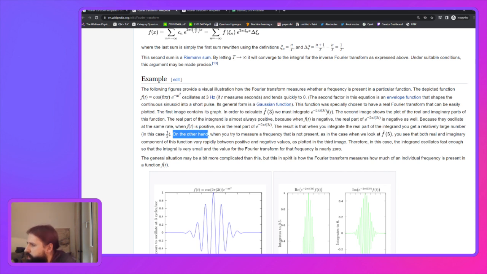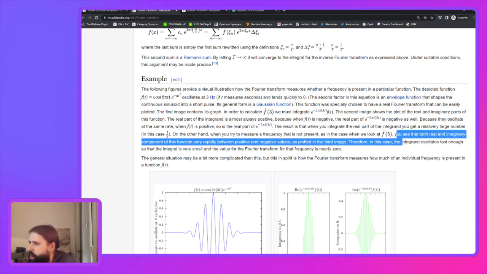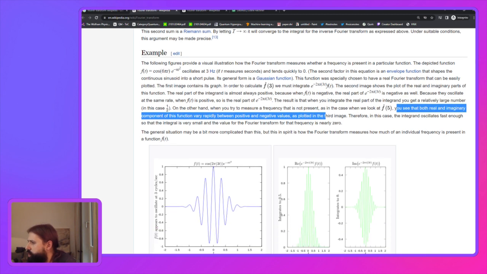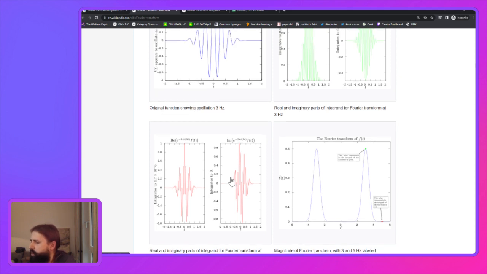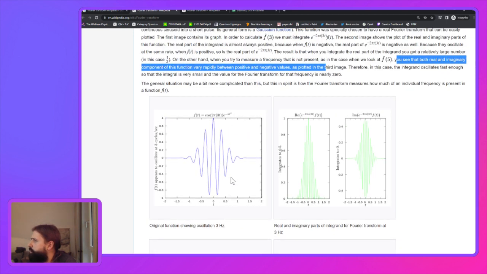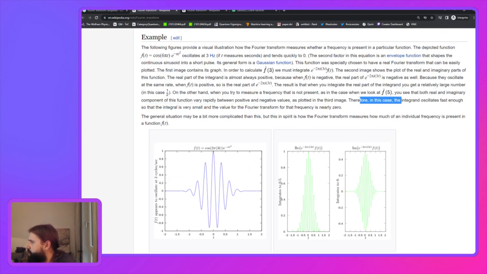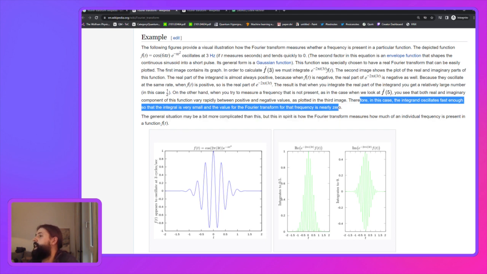On the other hand, when you try to measure a frequency that is not present, as in the case when we look at 5 Hz, you see that both real and imaginary components of this function vary rapidly between positive and negative values, as plotted in the third image. Therefore, in this case, the integrand oscillates fast enough so that the integral is very small, and the value of the Fourier transform for that frequency is near 0.